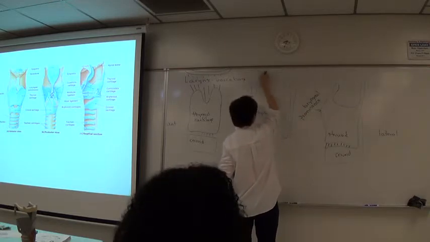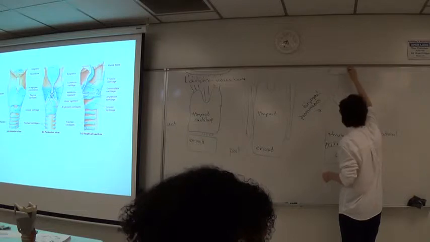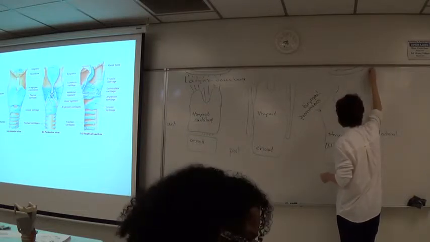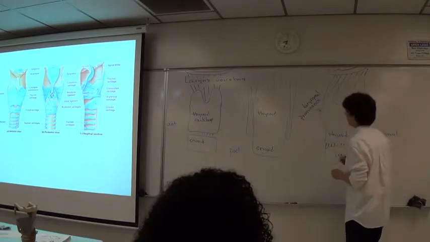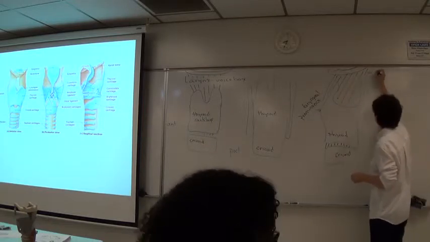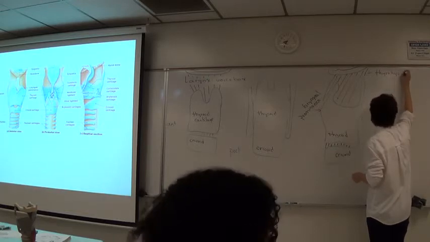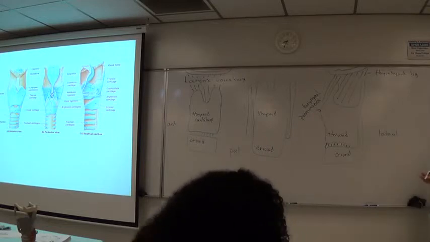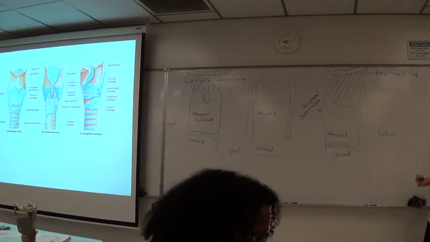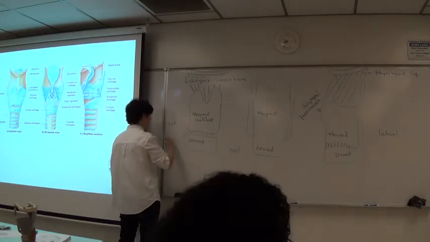I wonder why they're drawing that in here. All right, and this is known as the thyrohyoid ligament. Sometimes anatomy can be quite logical. And then between the cricoid and thyroid cartilage, we have the cricothyroid ligament.